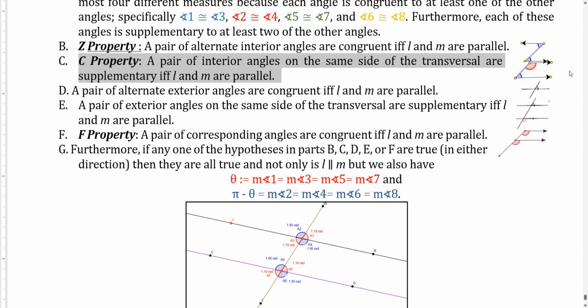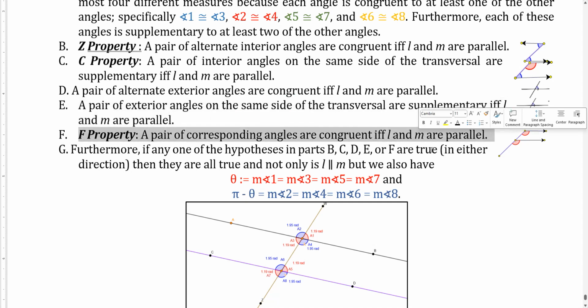That is, a pair of lines are parallel if and only if you have a pair of interior angles on the same side of the transversal that are supplementary, the C property. We have the F property: a pair of corresponding angles are congruent if and only if the lines are parallel.